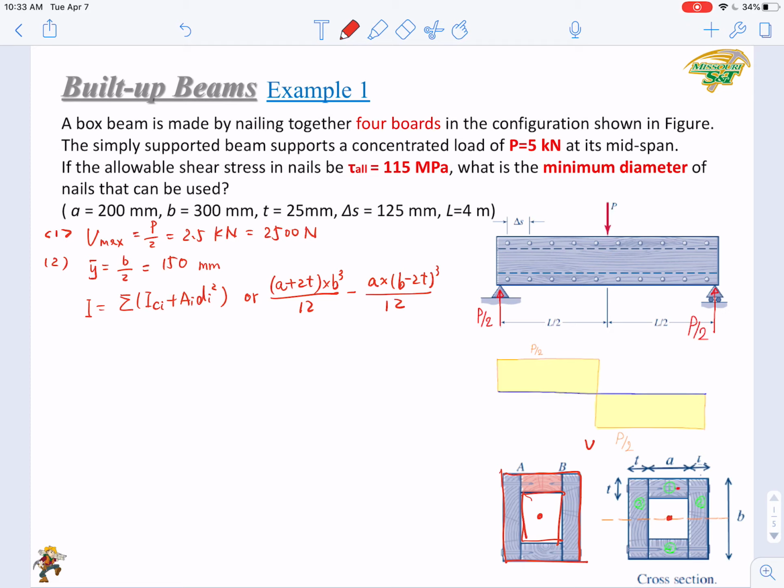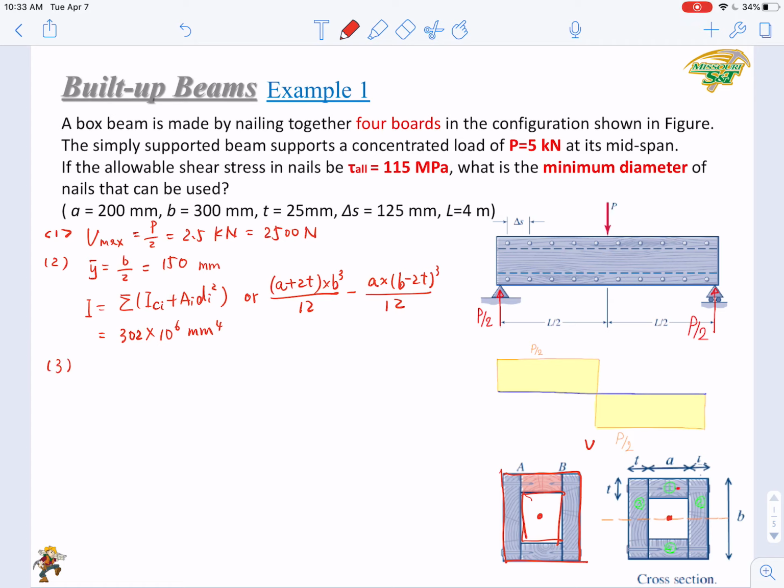Okay, you have these 2 methods to calculate the I. And I'll give you the results directly. It will be 302 million millimeter to the 4th.